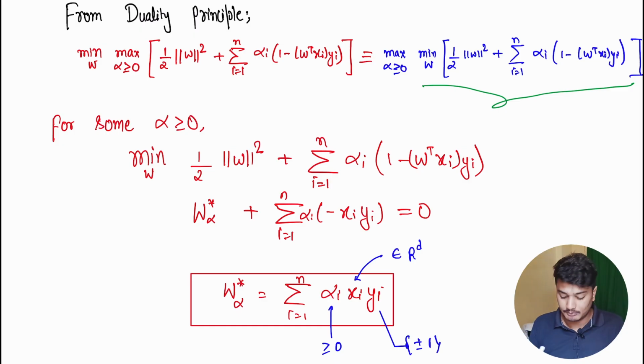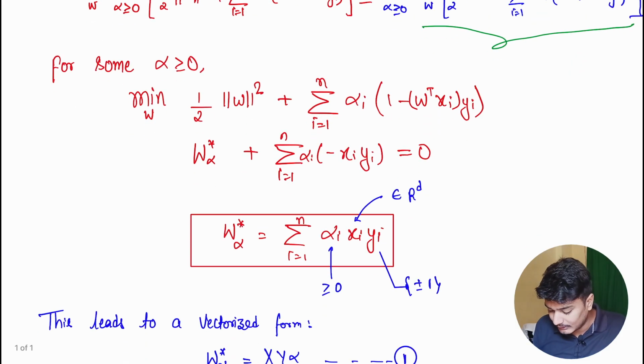Because for minimizing this, we take the gradient and set the gradient equal to 0, and this is the gradient we get. From here, we can write that w star of alpha is equal to the sum over i equals 1 to n of alpha_i, and basically we found the gradient of this as this: the derivative of w transpose x_i with respect to w will be x_i, and w_i will be there only. So it will come here with a minus.